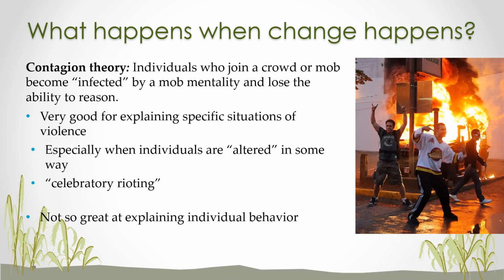Contagion theory does not give very much credit to the capacity of the individual to make their own decisions. Contagion theory is all about the ability of the social environment to change an individual's behavior, which is both frightening and troubling. But there is something to it.